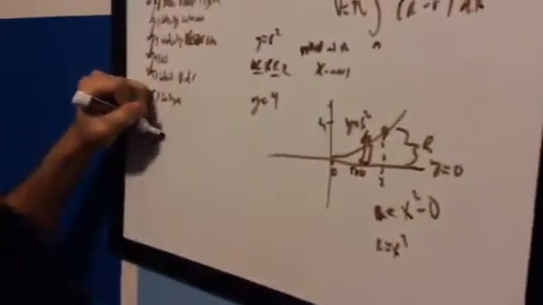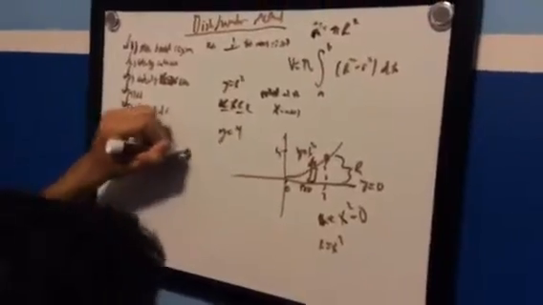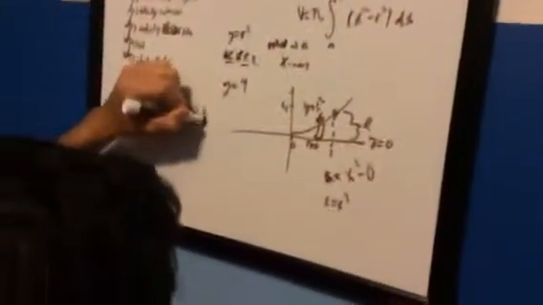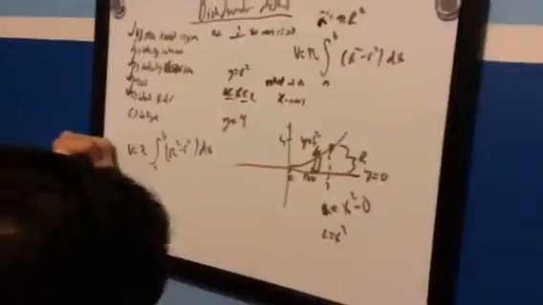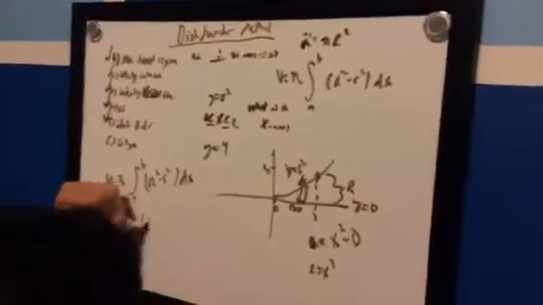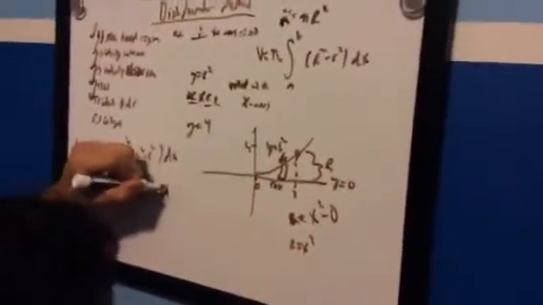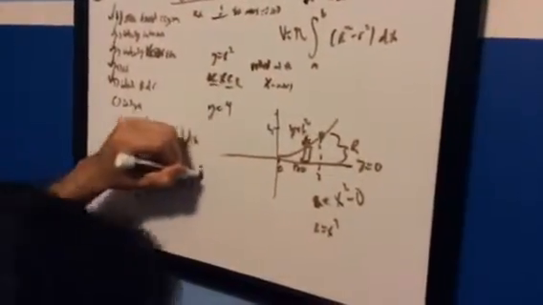Now to integrate this, first we're going to rewrite the formula as integral of R squared minus little r squared dx. Now we're going to plug in our values. 0 to 2 of x squared squared.